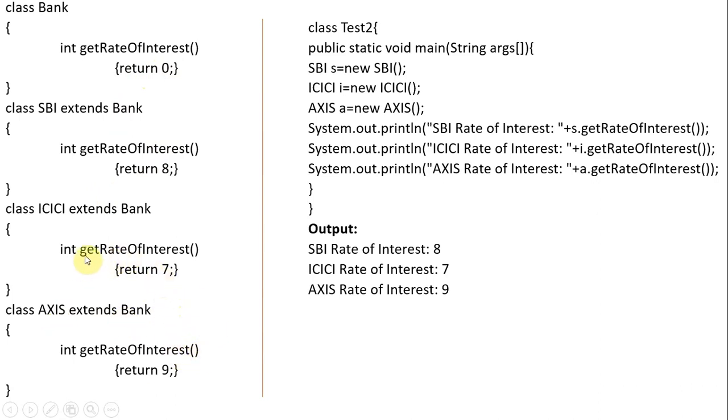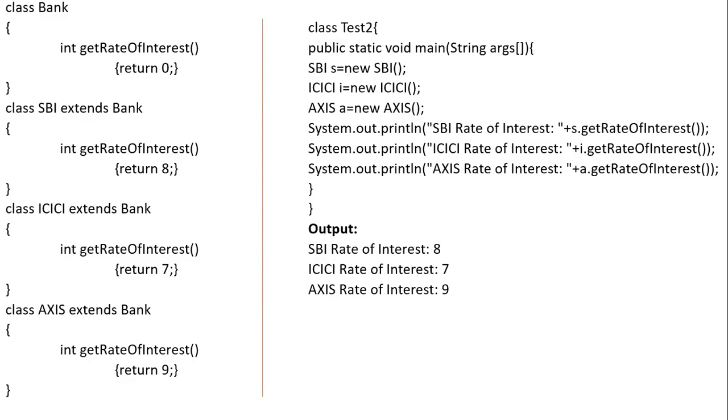For the same method we are presenting different code. Here we are returning 8, 7, 9. If you want the same method applicable but with a different implementation, then you can go with method overriding.